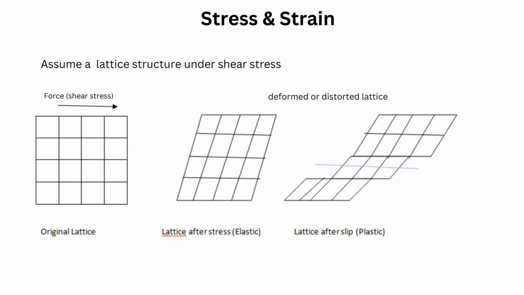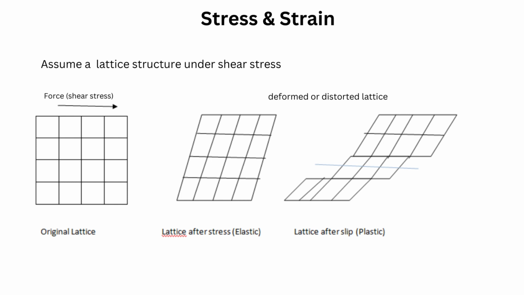You can see the lattice after initial stress, then the lattice after some time, after slip, which is plastic deformation. From the diagram itself we can understand that the atoms are moved from one place to another or just distorted. We say it's deformation, and either elastic or plastic deformation has occurred.